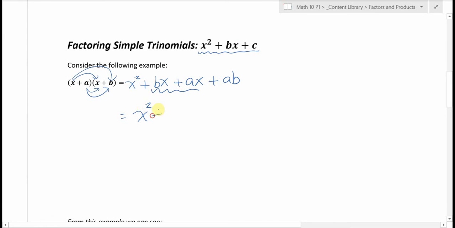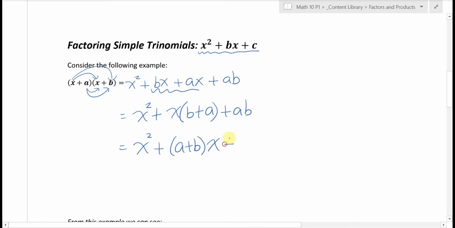I am going to factor out the x. And if we factor out the x, bx divided by x is b, ax divided by x is a, plus ab. Now, if I rewrite this, because we usually write the coefficient first, it's a plus b times x, and I'm going to rewrite the order, plus ab.